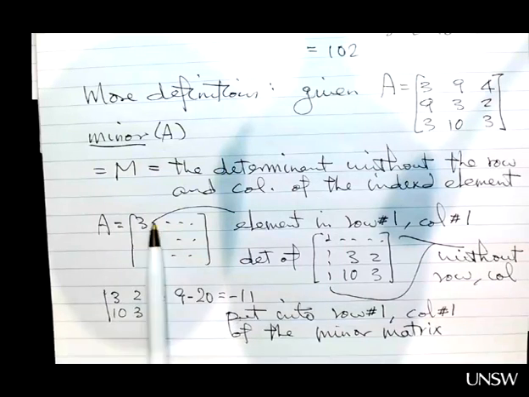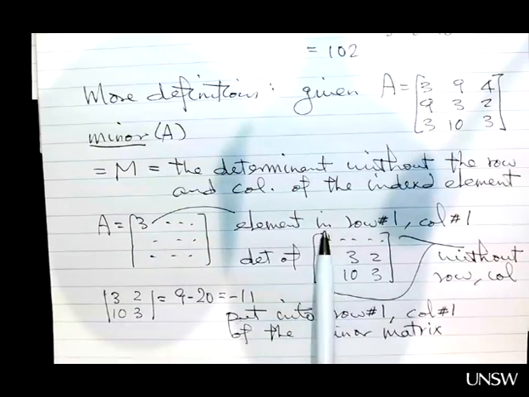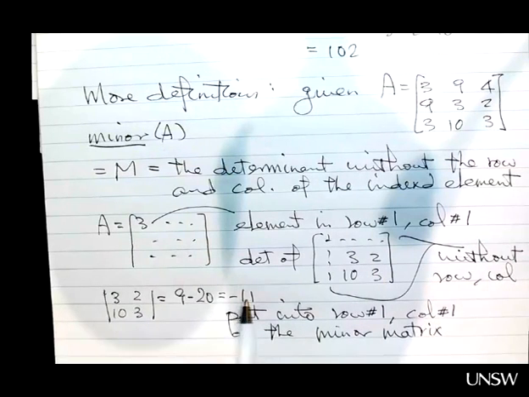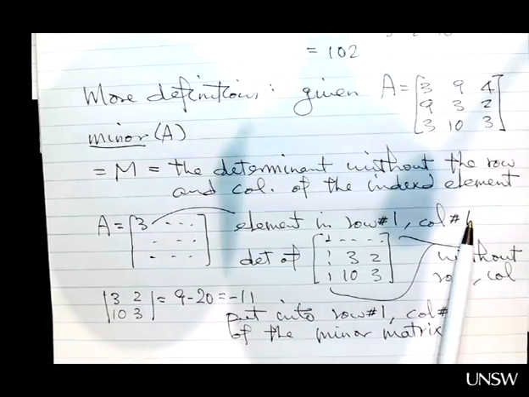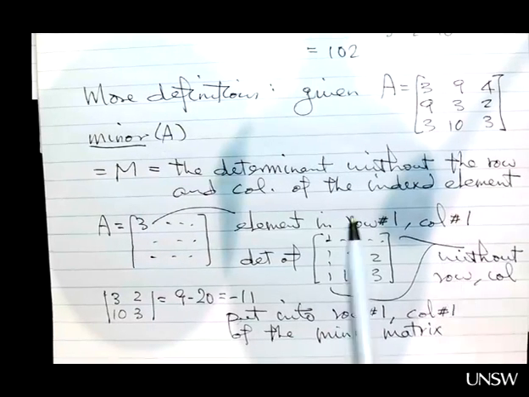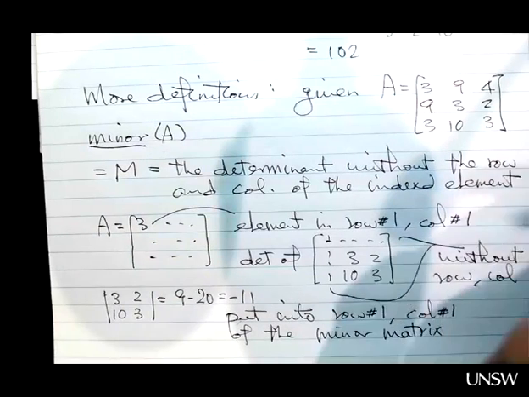If we have the first row and first column, we just ignore the first row, ignore this first column, and then we calculate the determinant on the rest of the elements. And then we get the result, we put it into this location in the minor matrix. Okay, got it?